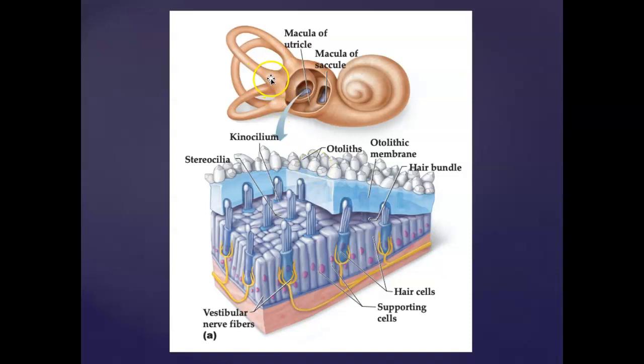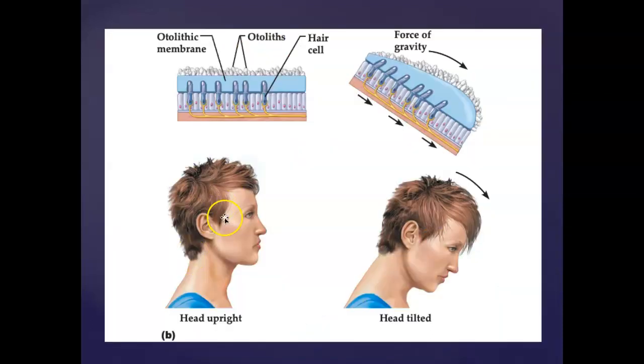So semicircular canals, dynamic movement; in the vestibule with the utricle and the saccule, these are going to be more for static balance. So you can see here's just a different view. This person is sitting level, neutral, eyes flat. The hair cells are here.